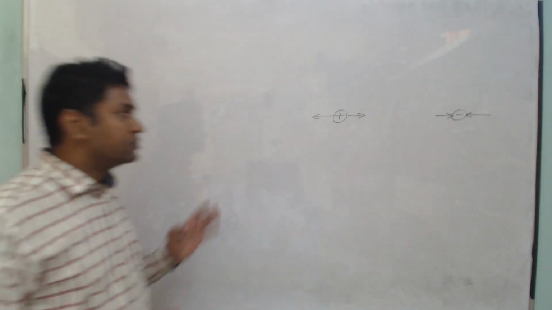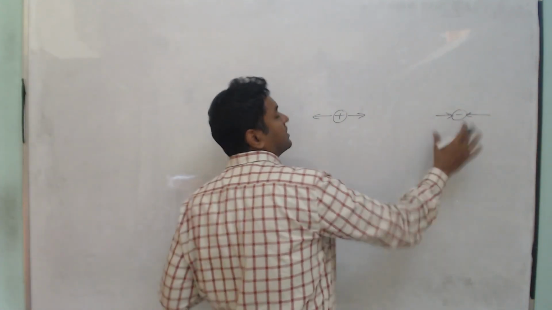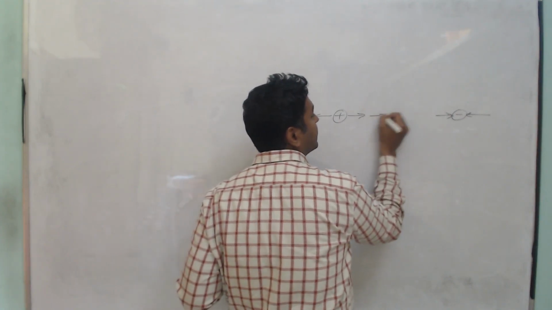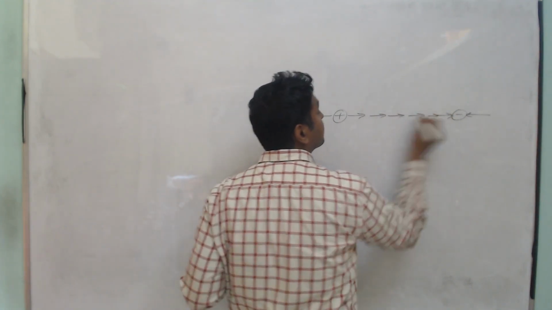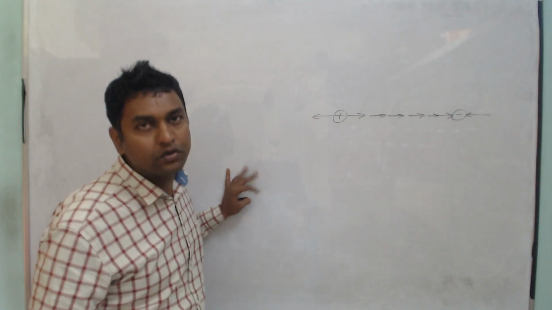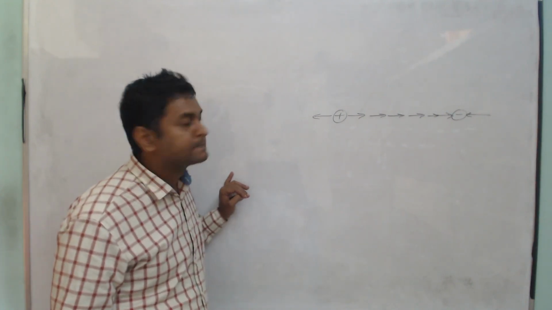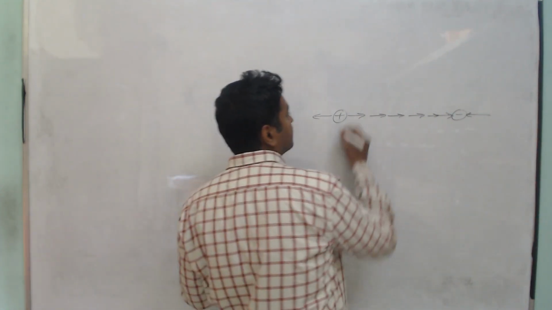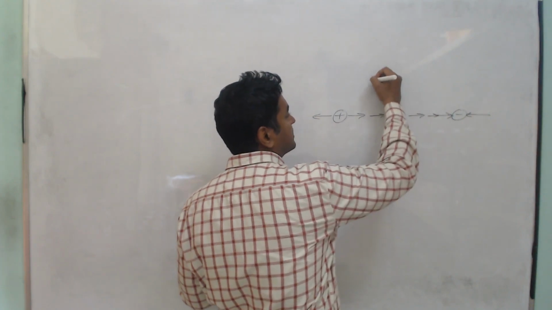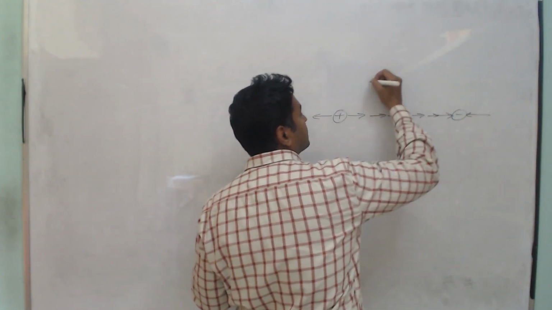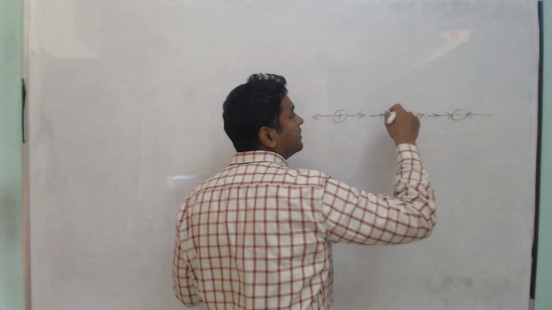So between the charges, along the axial line, definitely the field lines will be from positive to negative. There is no doubt about it. Similarly, as we go along at a particular distance, this positive will be there, negative will be here.